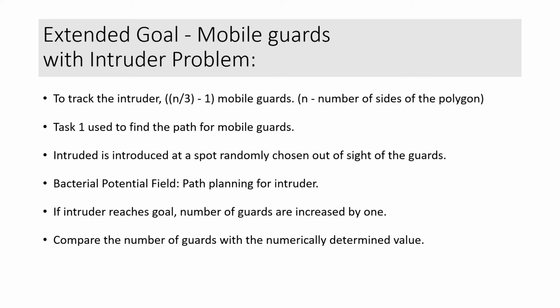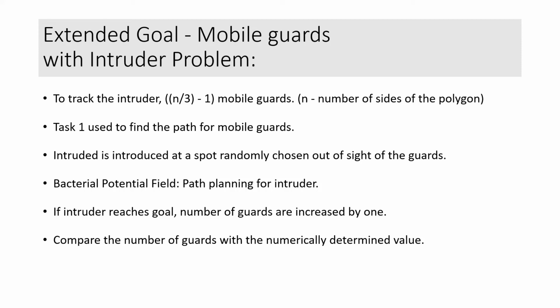It's interesting, right? Whenever the intruder reaches the goal, for given n randomly chosen starting points and goals, we can slowly increase the number of guards by 1 up to an optimal value, which is a numerically determined value, as shown in the research papers.